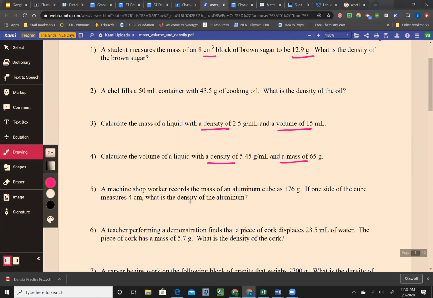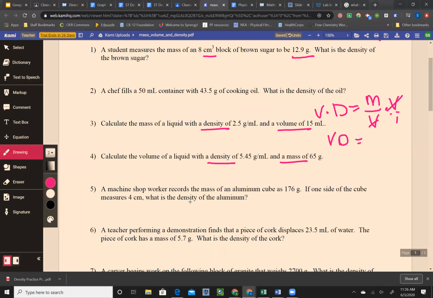So if you have, in the case of number 3, the density, as we know, equals mass divided by volume. We want to know the mass, though. How do you do that? Well, if you multiply each side, I'm going to put a dot for the multiplication, by volume, then what you end up with is volume times density equals, and these cross out, right?